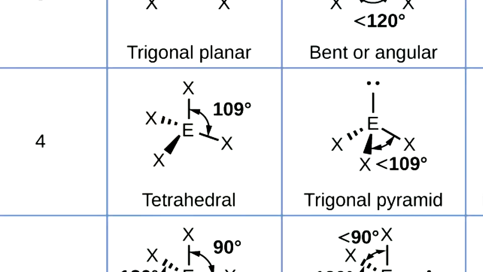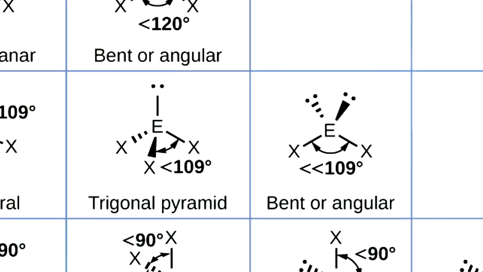Or we can go to a tetrahedral, okay? Let's put a lone pair on one of the positions of the tetrahedral, and let's ask what shape is left. So we just take away that top pointy part of the tetrahedron, and what's left is the triangle base. So we call that trigonal pyramid. Or we could have 2 lone pairs on a tetrahedron, but remember, we can't see those lone pairs.